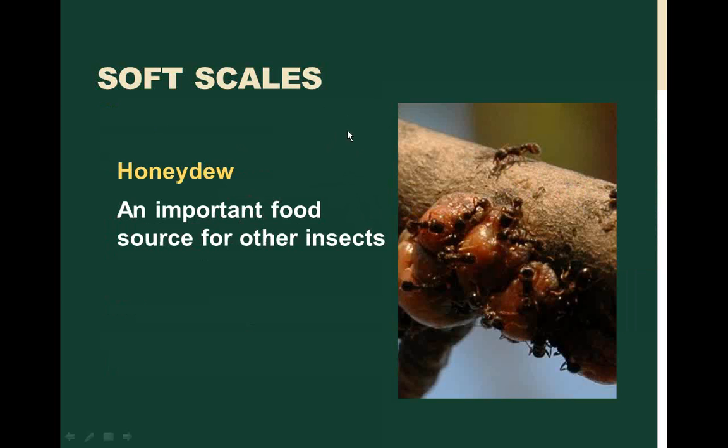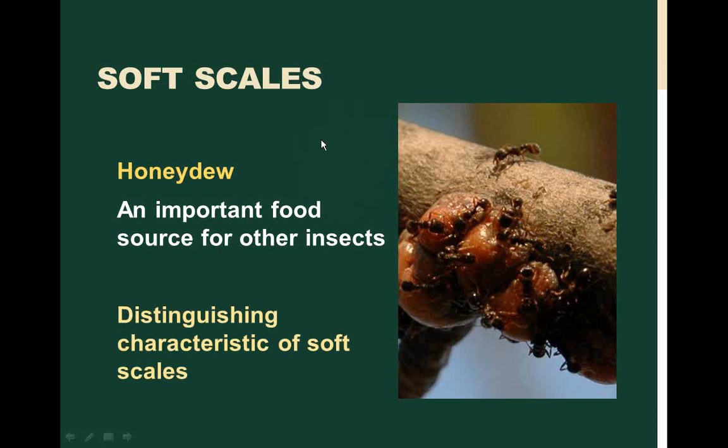Also, like I said earlier, they are an important food source for other insects, and these insects will keep a certain beetle away from the scale crawlers, so they have that symbiotic relationship, as I mentioned.